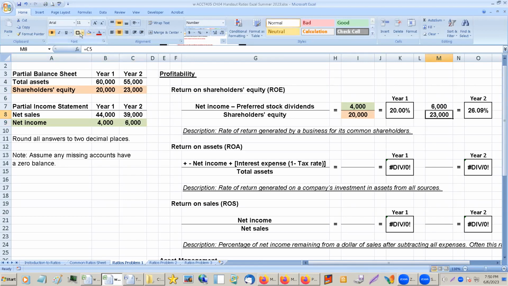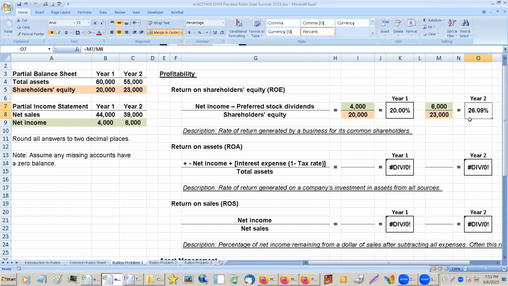And I'm going to talk to you about another thing about ratios. Okay, so here we got our ratios, 20% and 26%. Okay, a couple things about this one. If there's good things on top, like income or sales, that sort of thing, usually you want this ratio to be high. So good stuff on top, income, sales, assets, you want it to be high. So you want these to be higher.